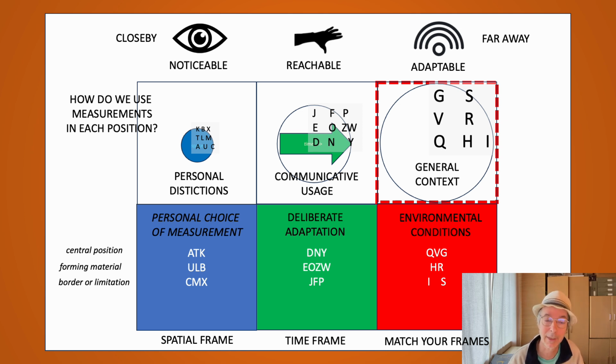We have to match it to the reality. In the last category, it's the frames in which we are existing. It's the frames of what simply is surrounding us, and so on.